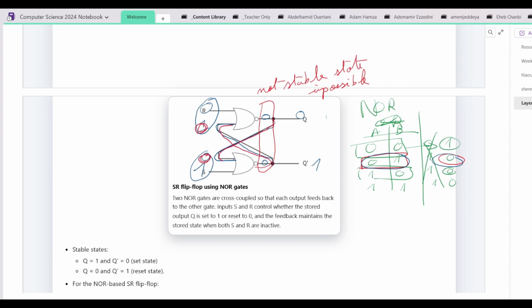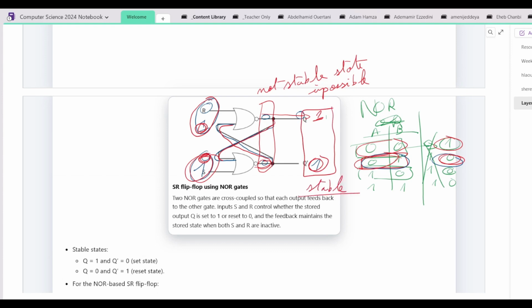This will be 0 this time. 0 NOR 0 is 1, so this time we will have 1. 0 NOR 1 is 0. So this time we will have 0 0 1 0 1 0. This will be 0. This is a stable state.